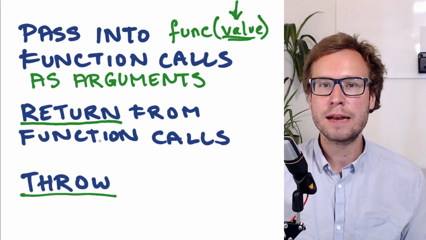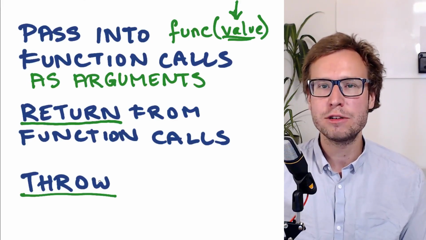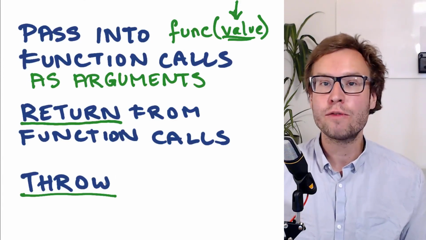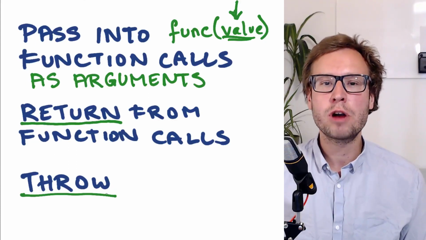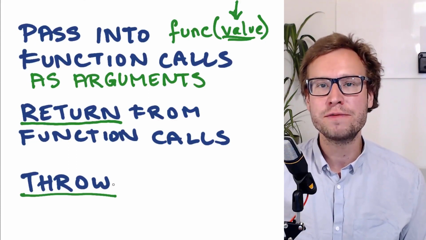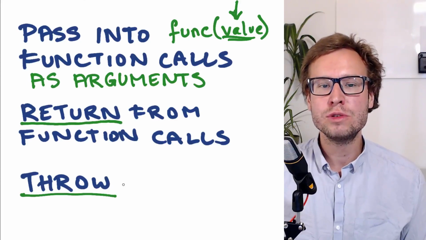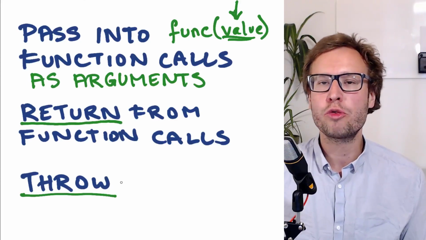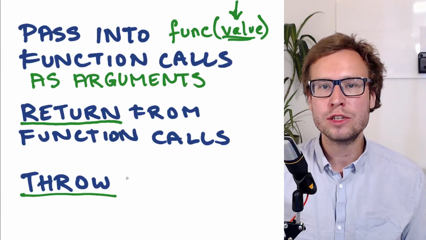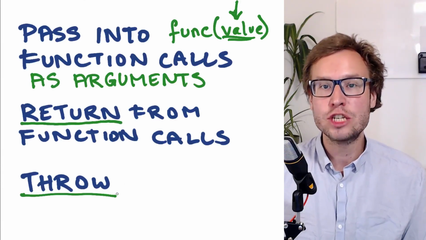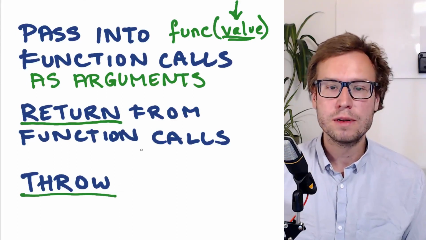And sometimes people don't always realize that. You can actually throw anything. You can throw any value, and therefore you can throw functions too. Now, this is probably from this list the feature that I've seen used most rarely. To throw a function, I don't know exactly what use cases there are for that, but it's interesting to know that that's possible, that the language does allow that. So, yeah, that's very cool.